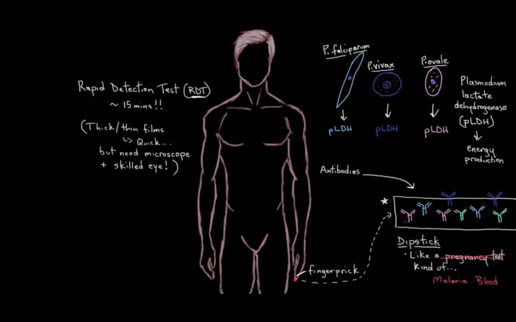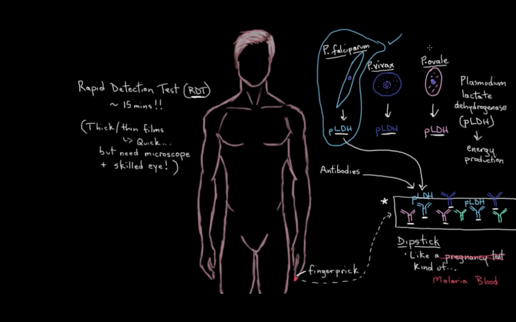And so our dipstick actually has antibodies on it that can bind to each of the different PLDHs that the different subtypes of Plasmodium would make. So based on the kind of PLDH that our dipstick antibodies bind to, that's how we know what type of malaria parasite we're dealing with. And that's important, because some subtypes need their own special kind of treatment for us to completely remove them from our system.